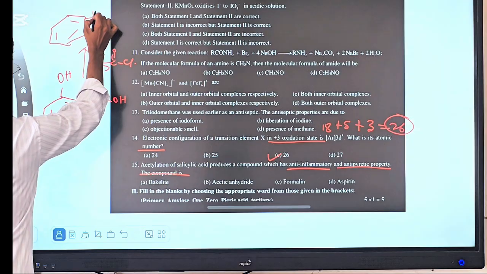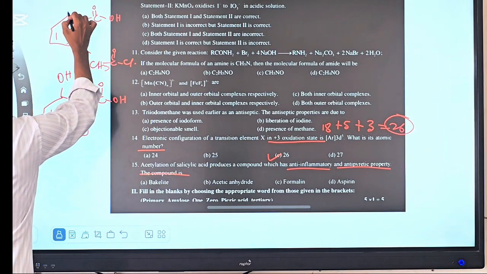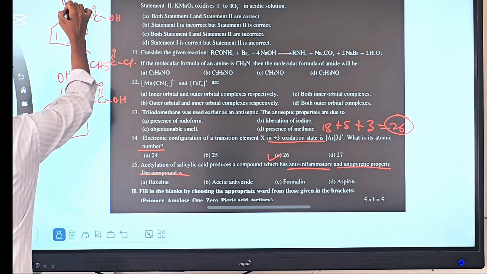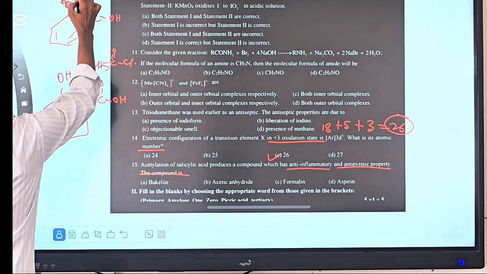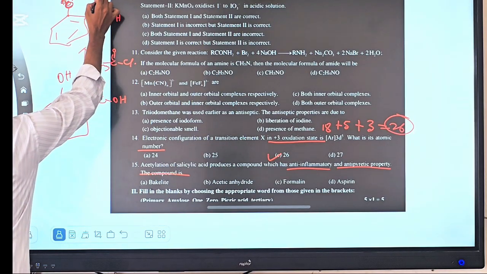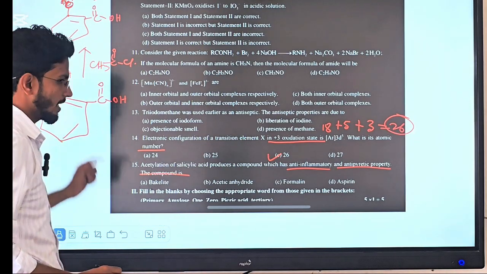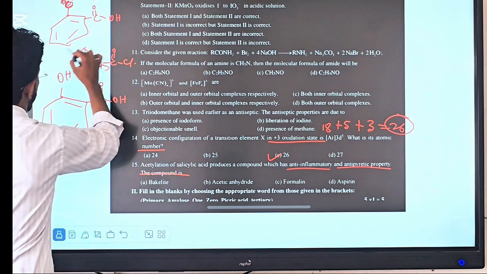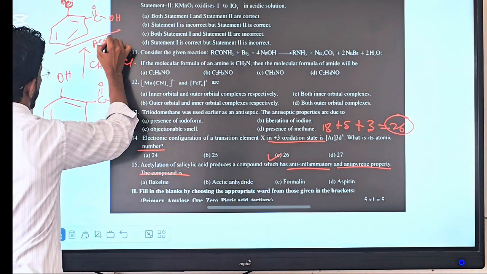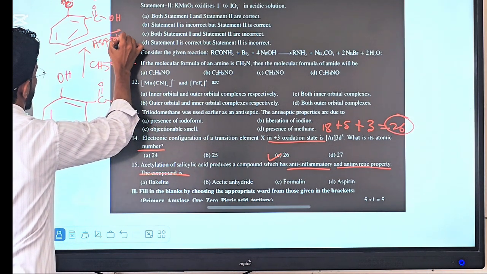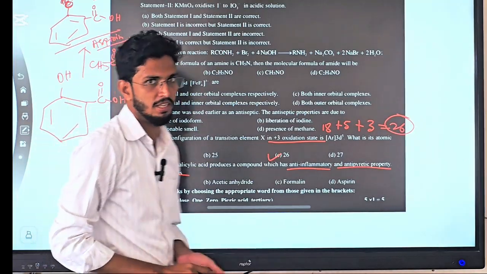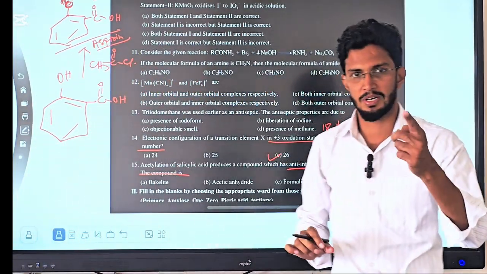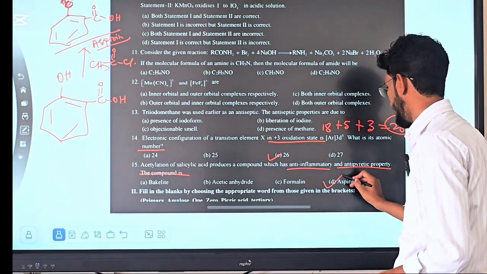This is C double bond O-OH and O-C double bond O-CH3. This is the acetylation of salicylic acid, and this compound is known as aspirin. Aspirin is used as an antipyretic. The answer will be aspirin.